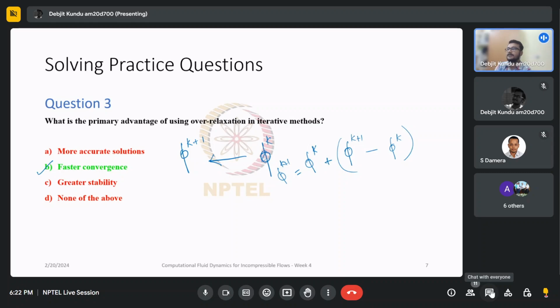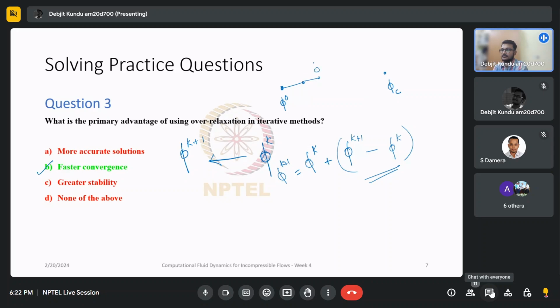So the idea behind over relaxation is that why not increase this difference by a little bit. Let's say this is our starting point at phi 0, and this is our end point phi c, which is phi converged, and we're going step by step.